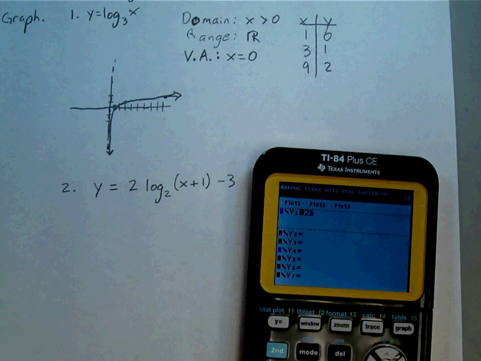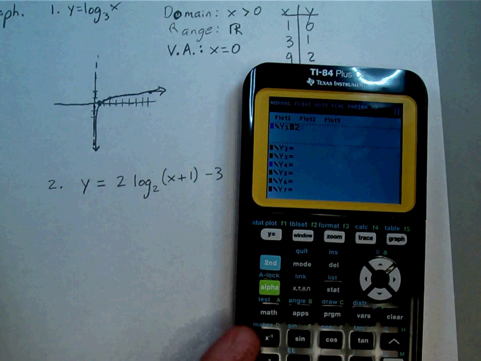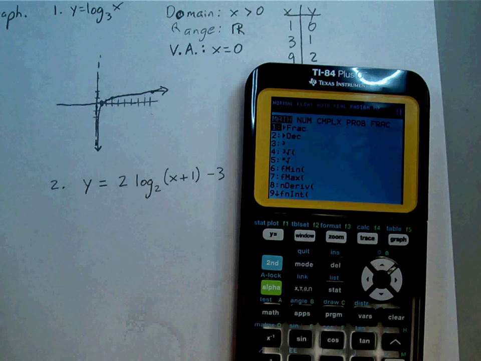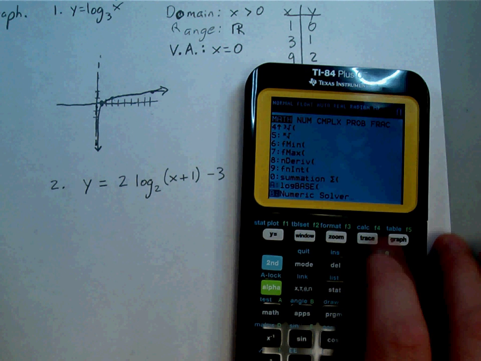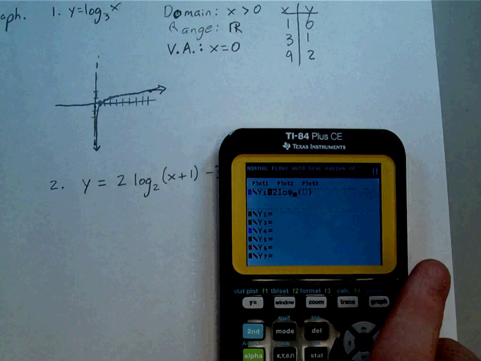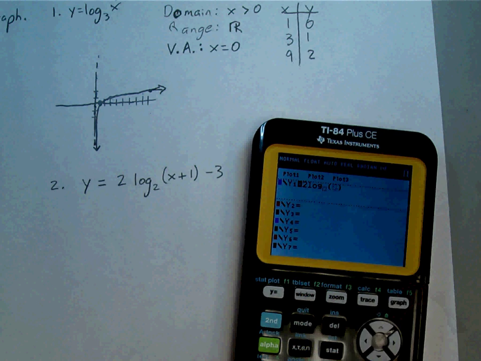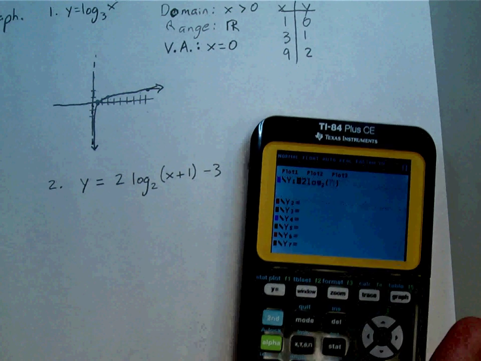And so now I can type in 2. And now I need log base 2, so I have to go back to log base. Remember, that's under math. So math is under your alpha. Math. Scroll down up to A. There it is, log base. Choose that. And now we can come back, fill it in. So log base 2. Arrow to the right.